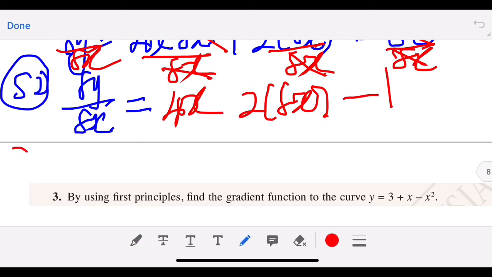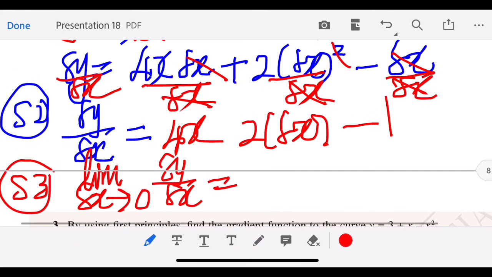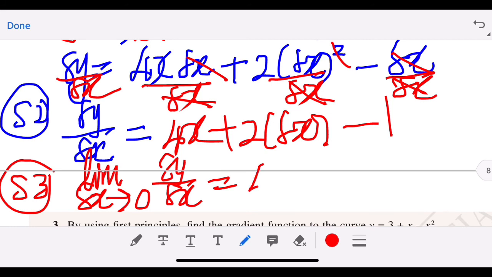Finally, we'll apply the concept of limit for delta x approaches 0. For the delta y over delta x, we will get, there is a plus here, we will get 4x minus 1, right?